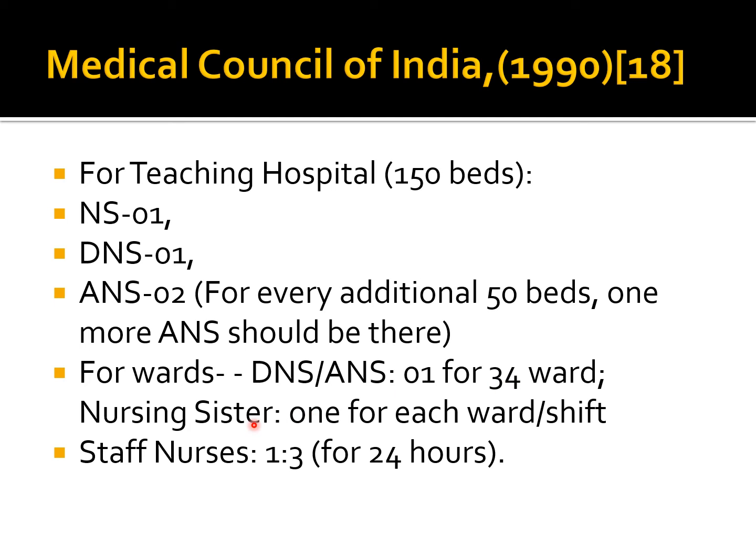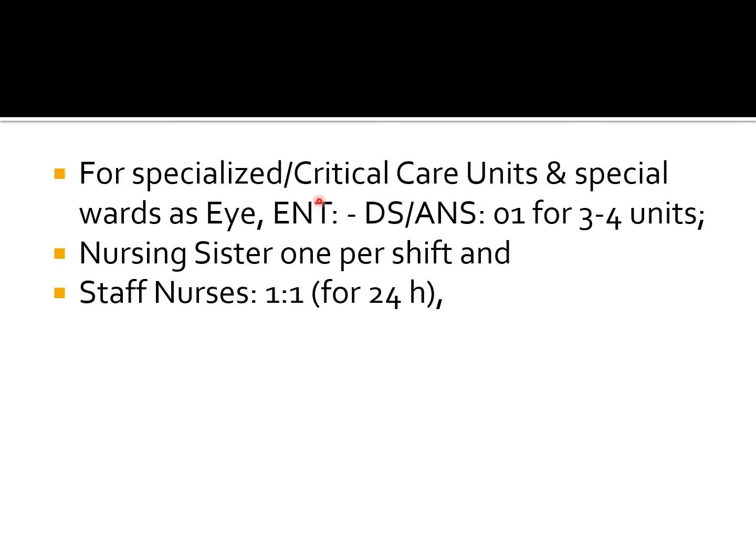Nursing Sister 1 for each shift or ward. Staff nurses 1:3 provided for 24 hours. For specialized or critical care unit and special wards such as eye and ENT, there must be Deputy Superintendent or ANS 1 for 3 to 4 units, Nursing Sister 1 per shift and staff nurses in the ratio 1:1.